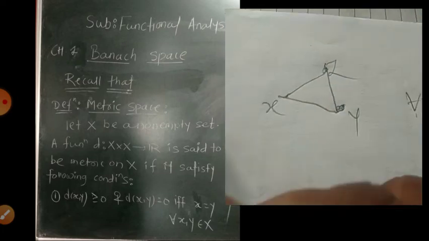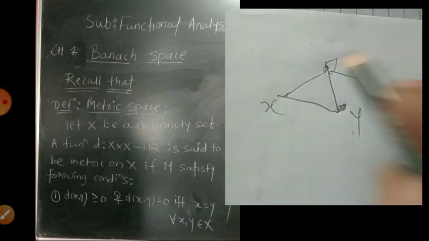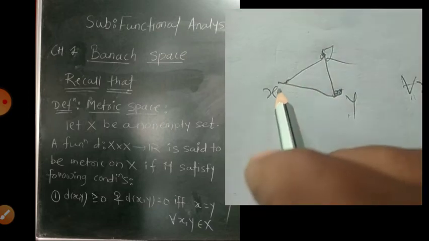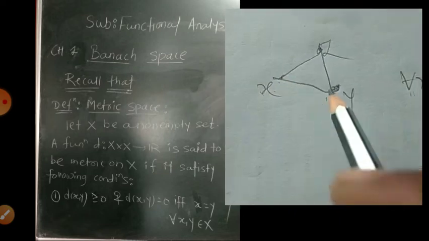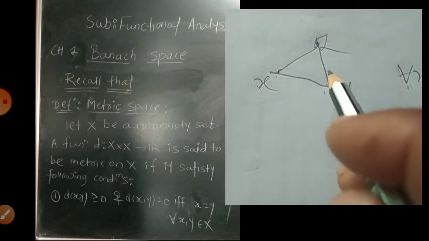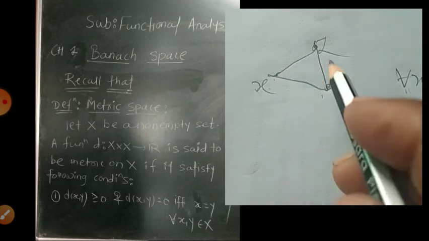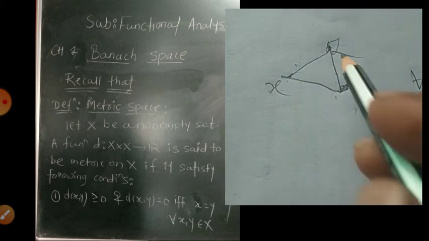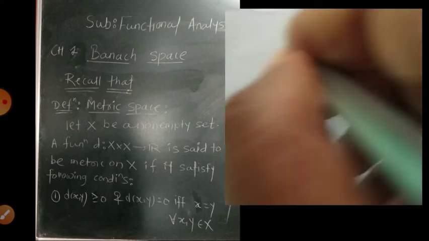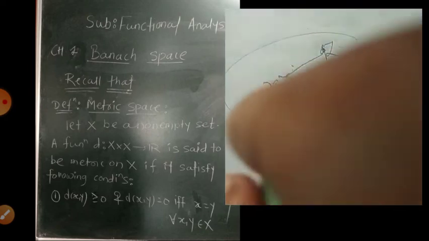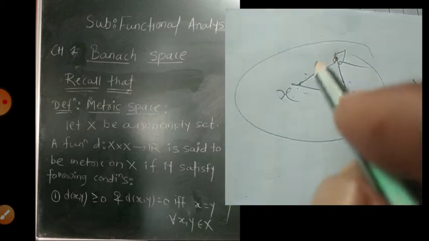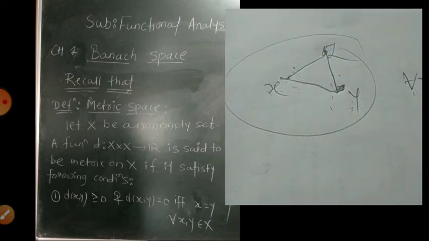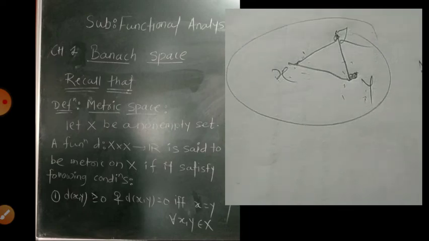Clearly the distance between x and y is less than or equal to the sum of the other two distances, d(x,z) plus d(z,y). So the triangular inequality says this side must be less than or equal to the sum of the other two sides.